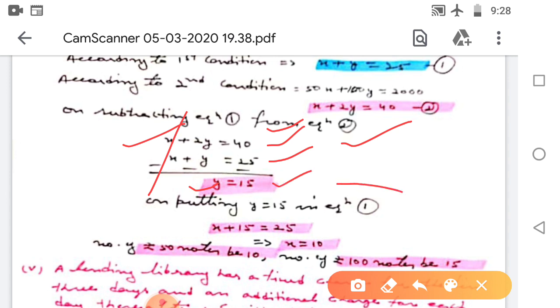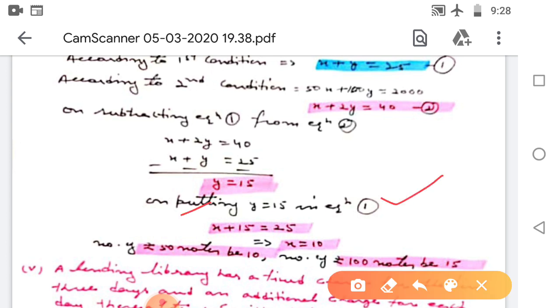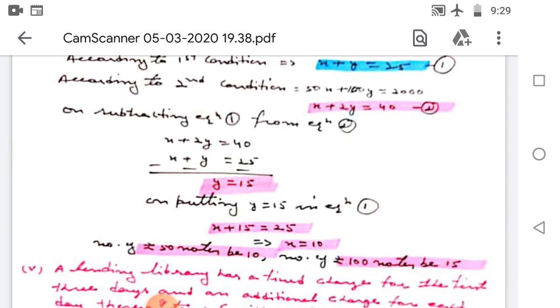So the value of y is 15. Putting y as 15 in equation 1, we get x plus 15 is equal to 25, so the value of x is 10. So the number of 50 rupees notes is 10, and the number of 100 rupees notes is 15.